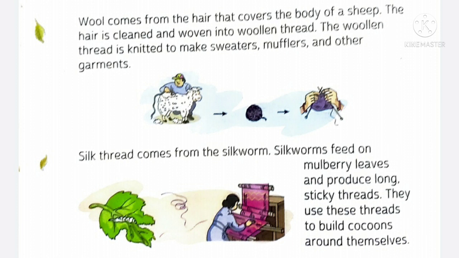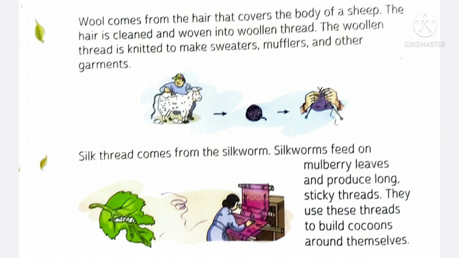Now the third one is silk. The silk thread comes from the silkworm. Silkworms feed on mulberry leaves and produce long sticky threads. They use these threads to build cocoons around themselves.